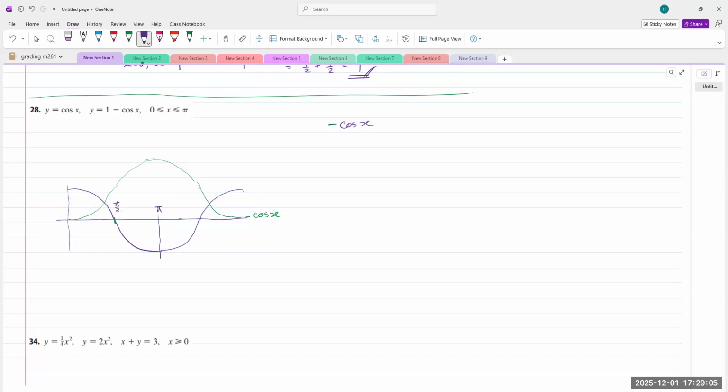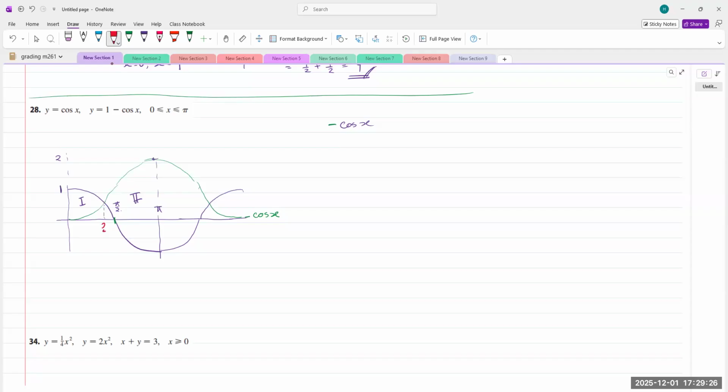Okay, this is 1. So the maximum here is 2, right? So what happened is I need to find, there are 2 regions between 0 to pi. This is region number 1, this is region number 2. The intersection here is something we need to look for.